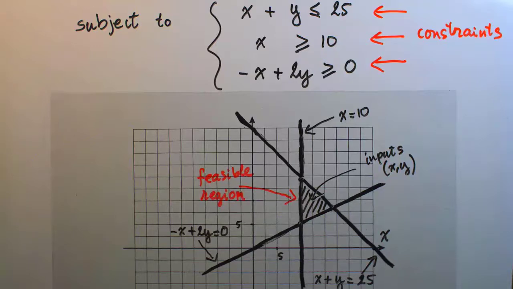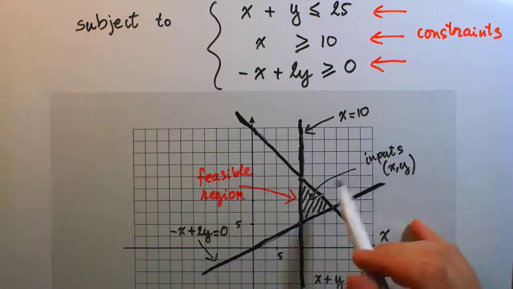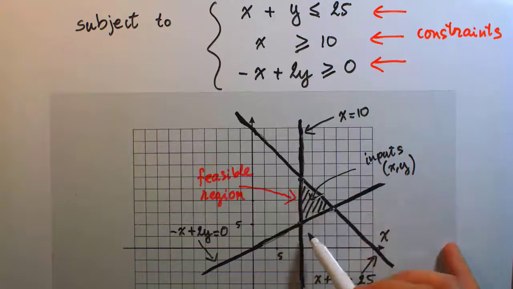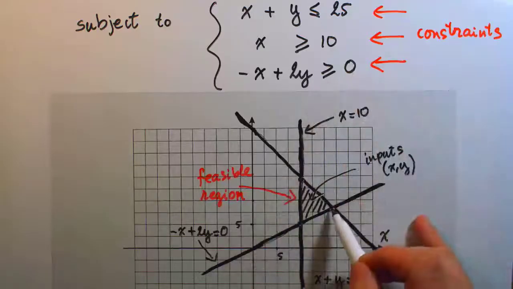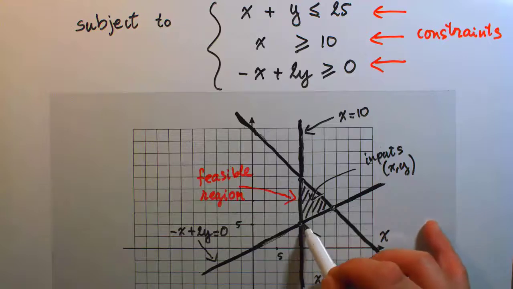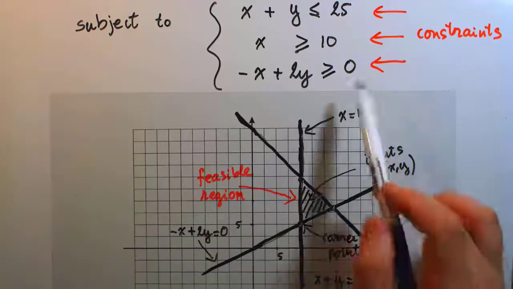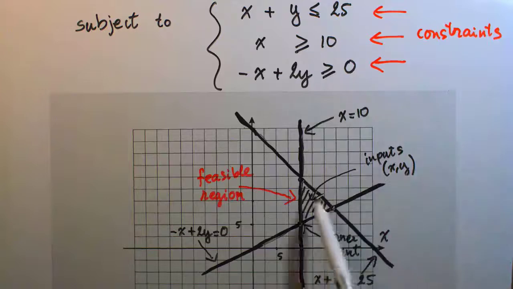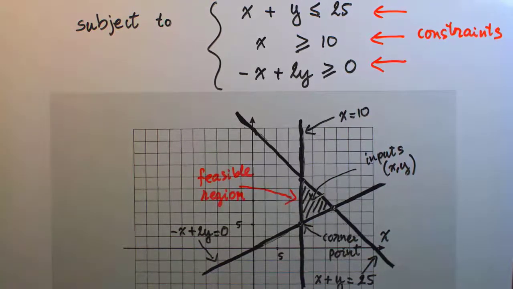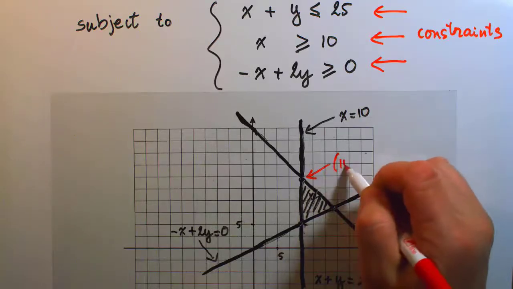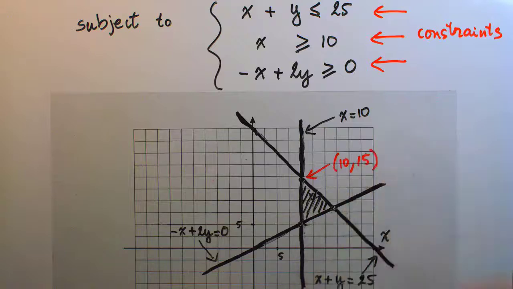And so, just like how we have done before, any feasible region, or graph solution to any system of inequalities, consequently comes out with corner points. So this region, according to our three inequalities, has three corner points. The corner points are (10, 15) right here, that's one corner point.